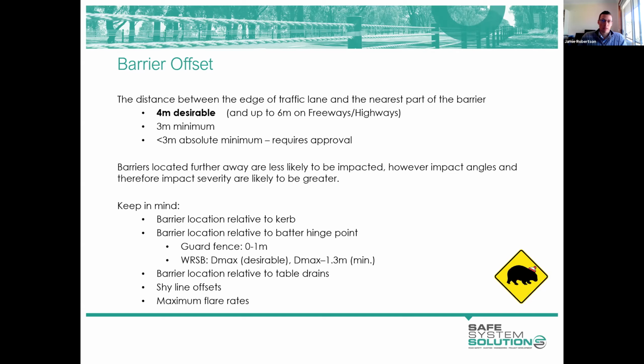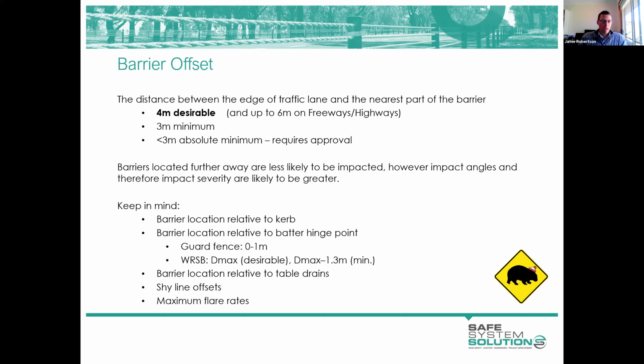So that's where that little calculation comes in: D max, maximum deflection of the system, minus 1.3 meters. That's a little equation we often use. So for instance, if you expected your barrier to deflect by up to 3 meters, take away 1.3, we'd have 1.7 meters, which would be our minimum distance between our barrier and our batter hinge point for a wire rope.